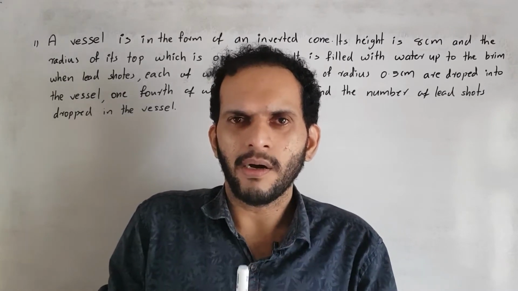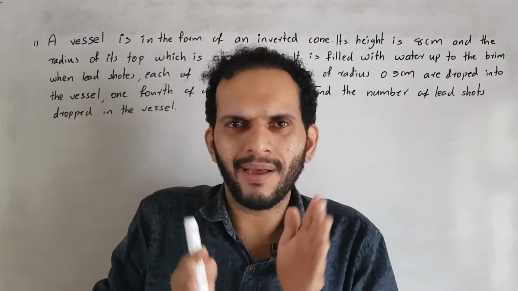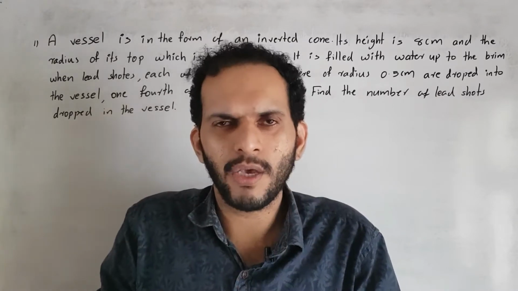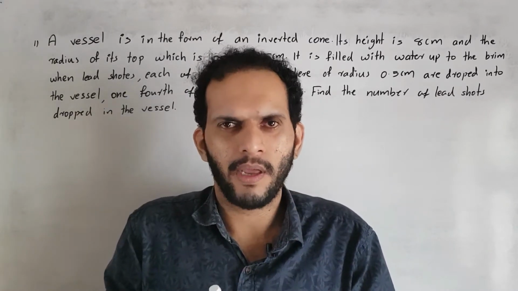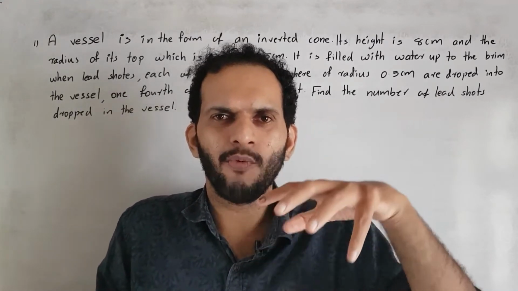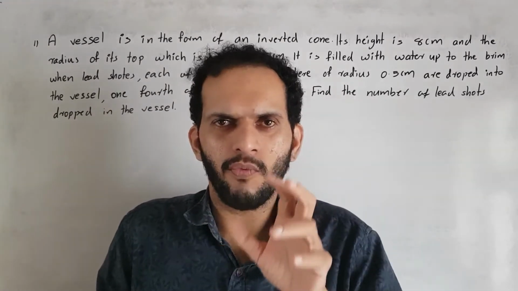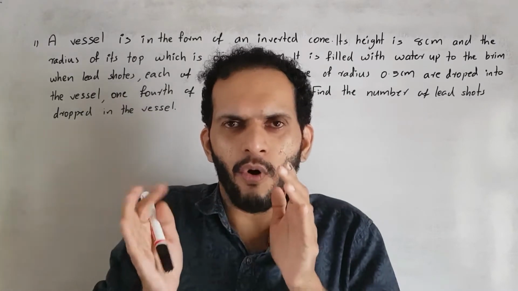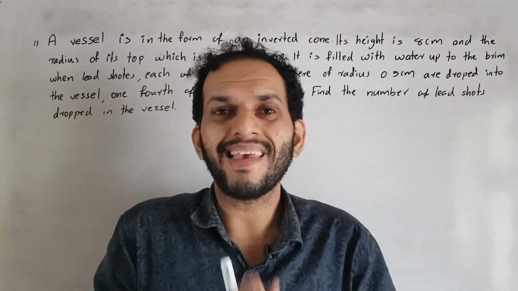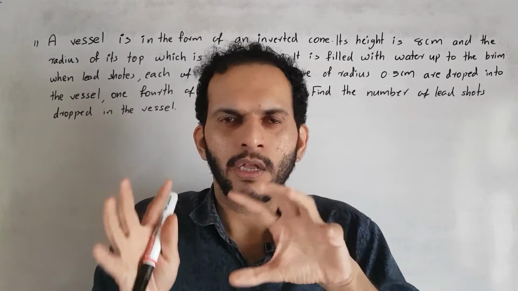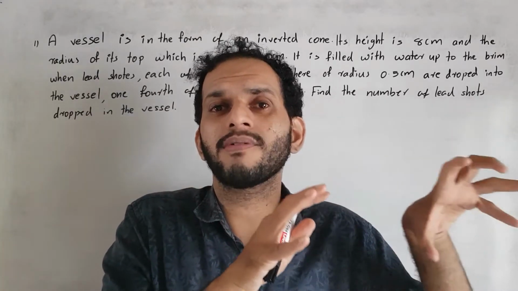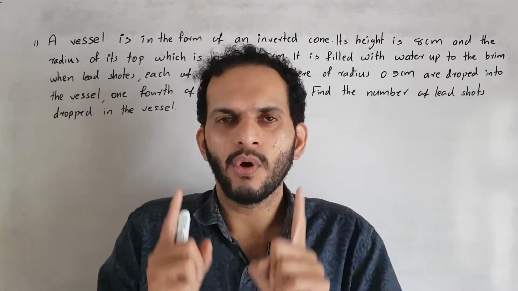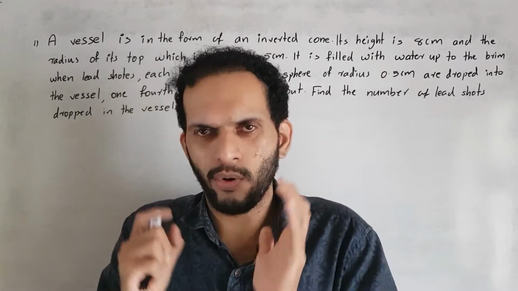This is very clear. The amount of the water in the vessel is equal to the volume of the vessel, correct? And the volume of water that flows out is equal to, and this is important, the volume of the lead shots.